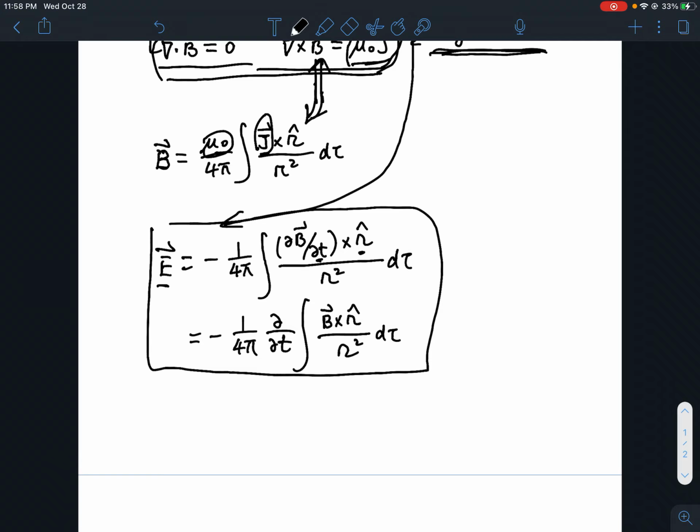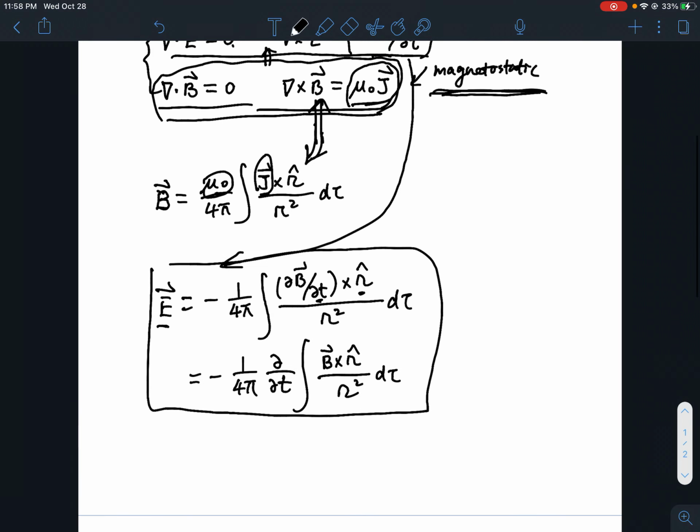And as we mentioned before, it's often not really easy to use this equation to calculate the B field and also the electric field, because this involves the vector cross product. We mentioned that sometimes if symmetries permit, we can use Ampere's law.